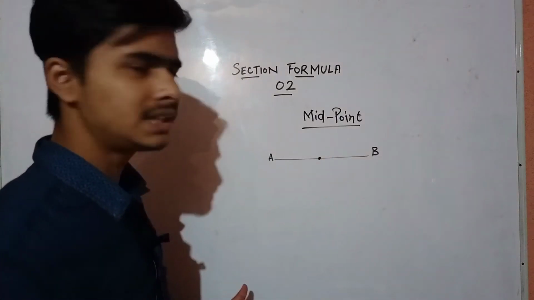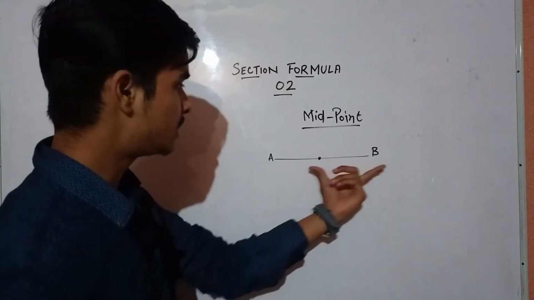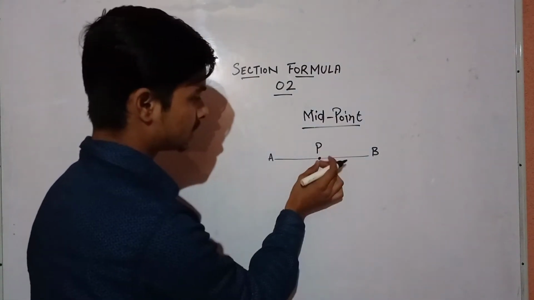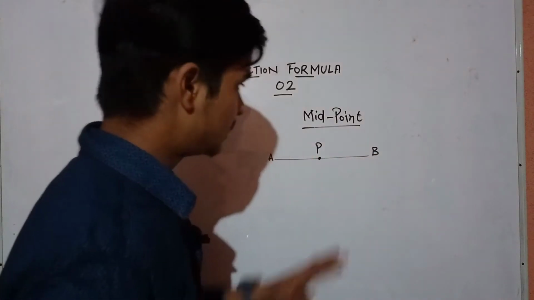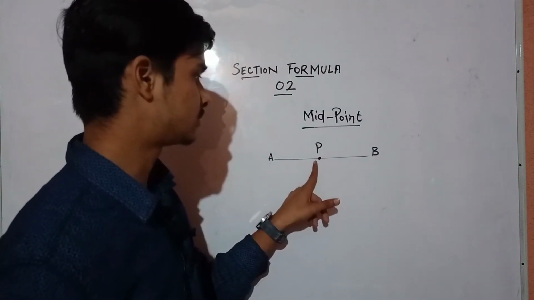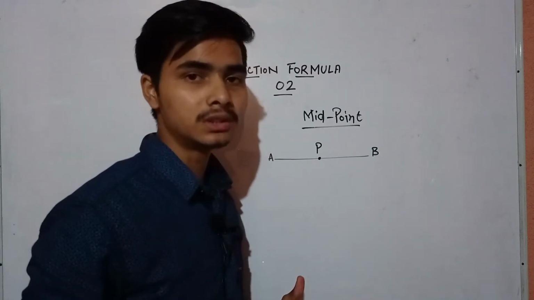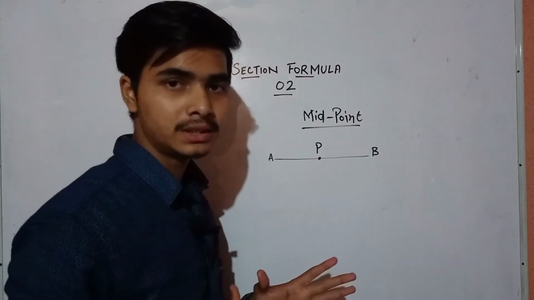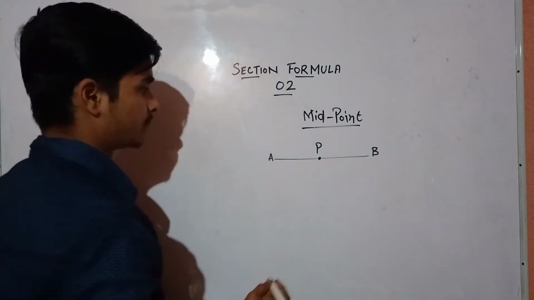The main thing about this point is that it is just in the middle of this line. Using this formula we can find the coordinate of this point. So if a question asks you to find the coordinate of a point which is just in the middle of the line, then you are going to use this formula.